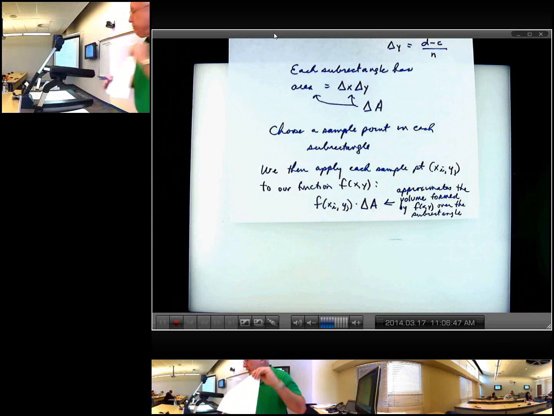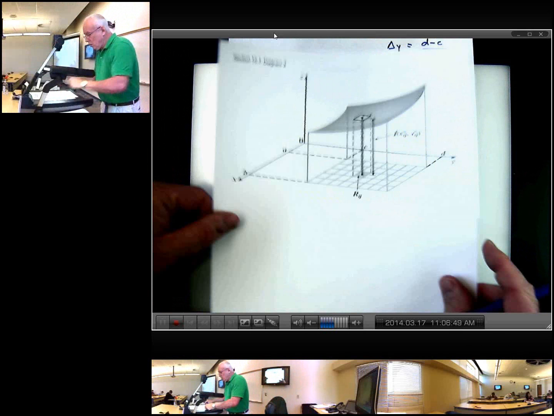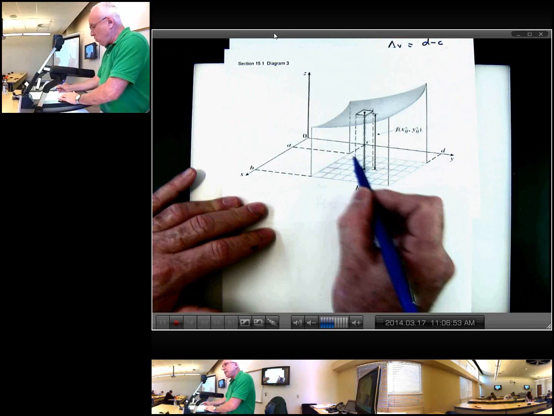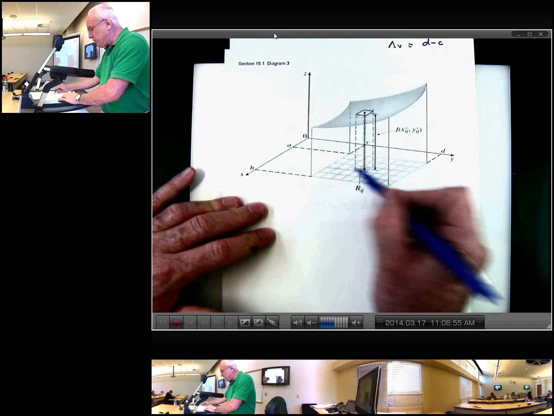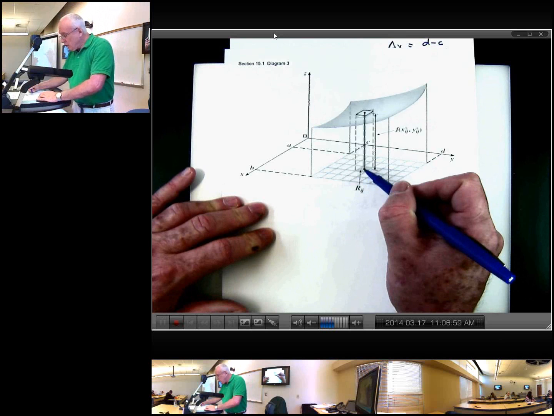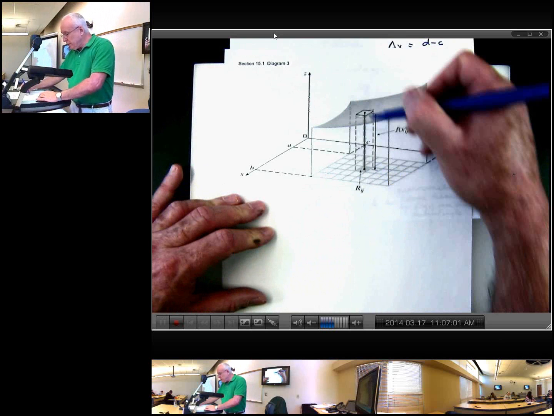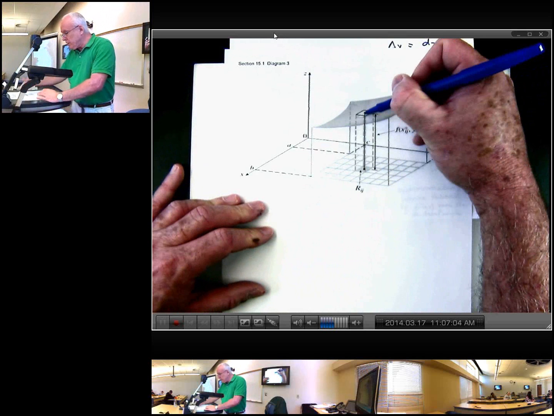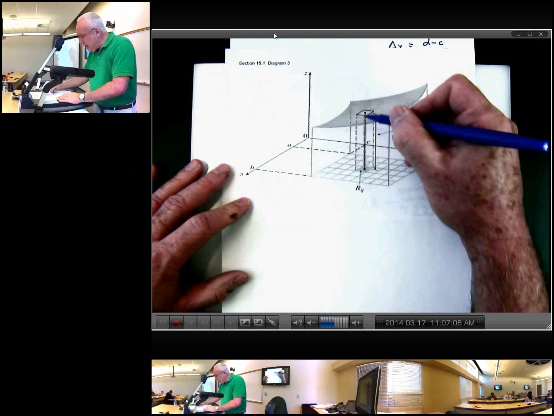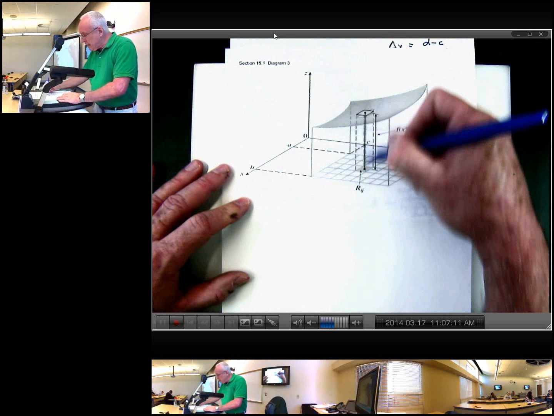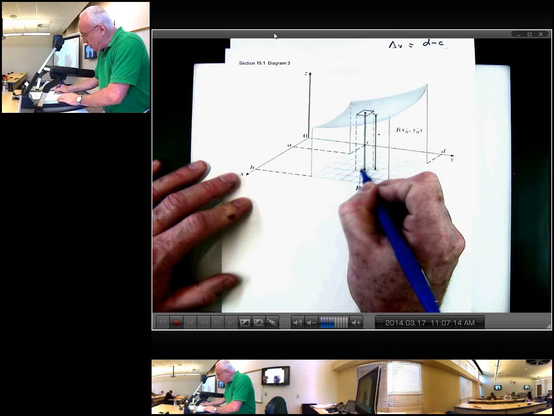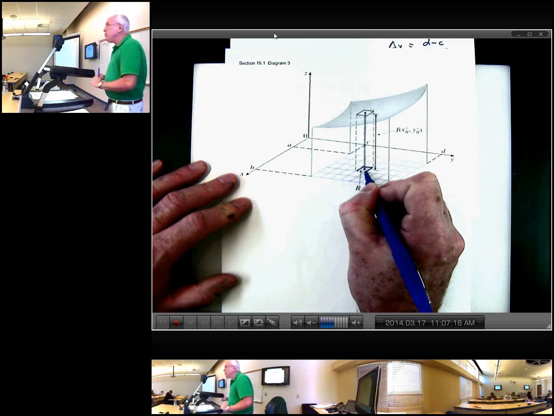Going here then. Okay, here's our a to b, c to d for y. We've got all of our rectangles. Here's a particular sample point in the rectangle. So we get its f value, a value up here on the z axis, and we multiply that height by the area of the subrectangle.